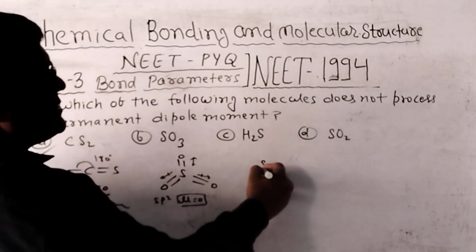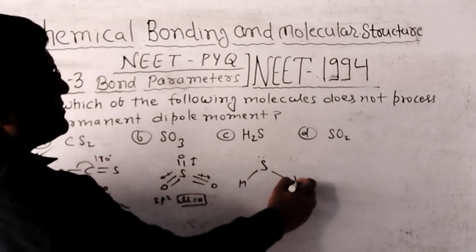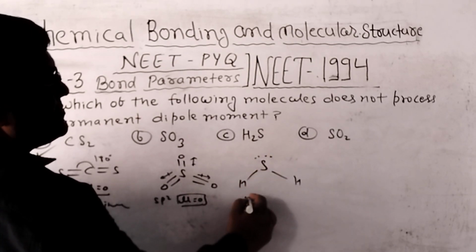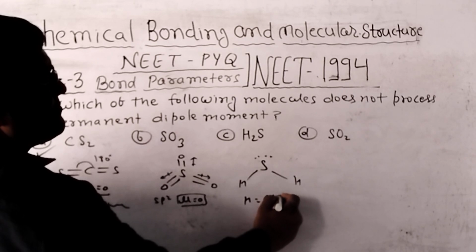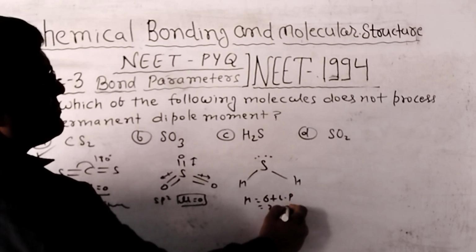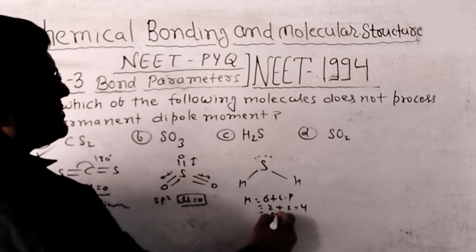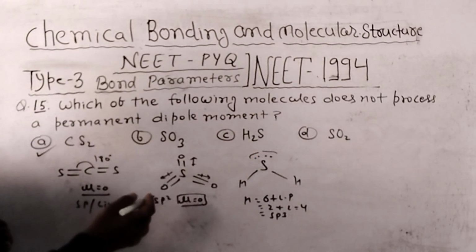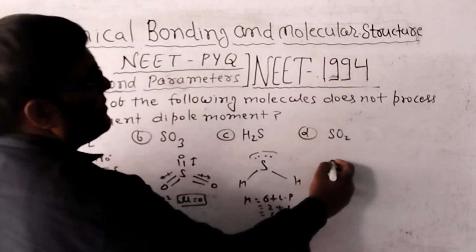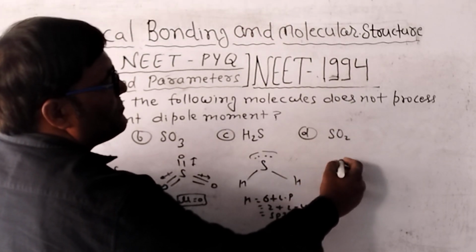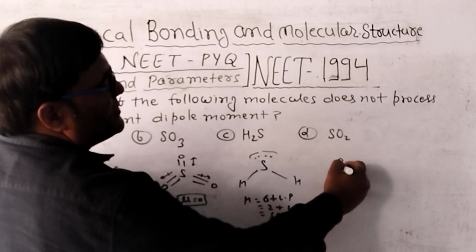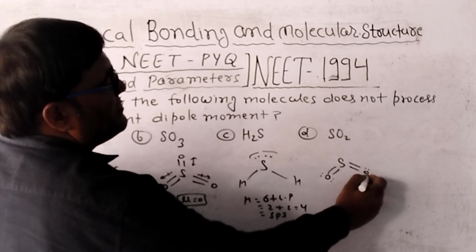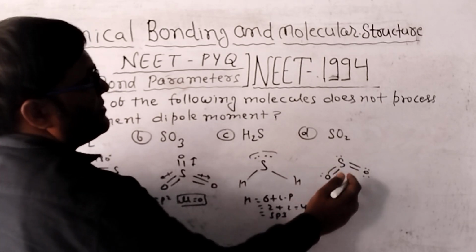Now in case of H2S, hydrogen sulfide, H is equal to sigma plus lone pair, sigma is 2 plus lone pair 2, means 4, means sp3 hybridization. Due to the presence of a lone pair at the center atom, this is polar. And SO2, you can draw this structure in the excited state, otherwise the Lewis dot structure.